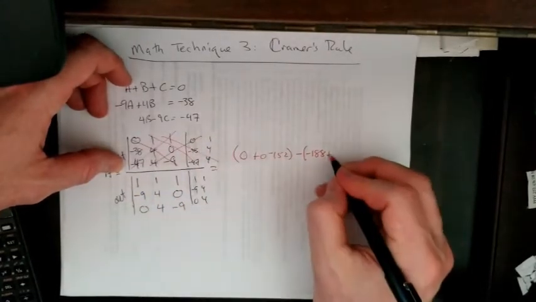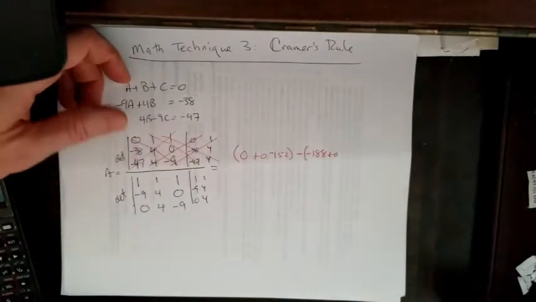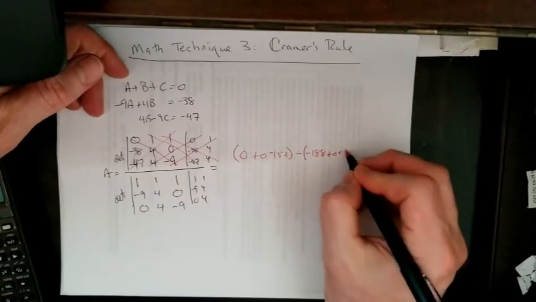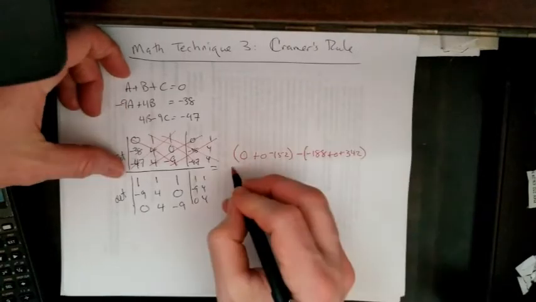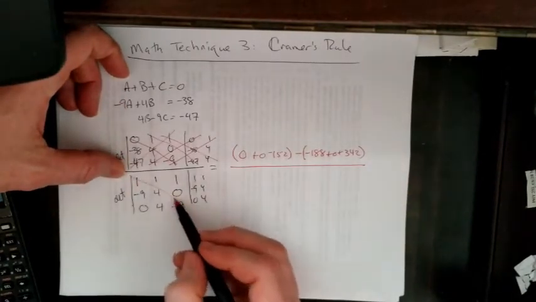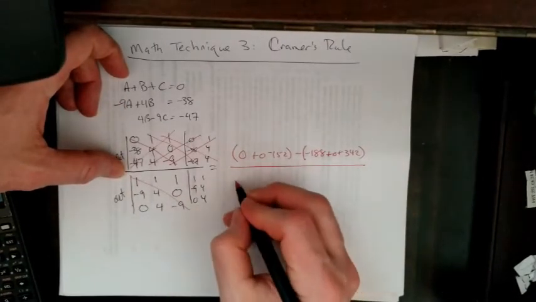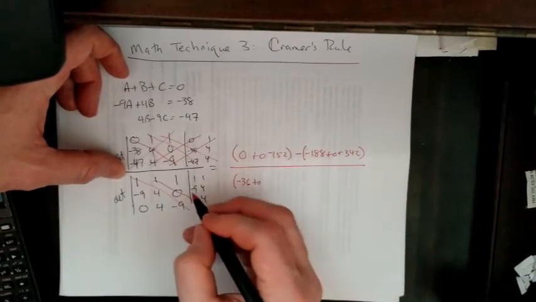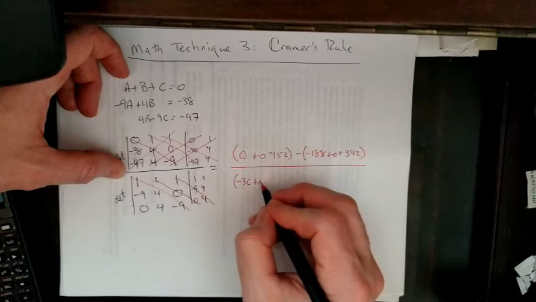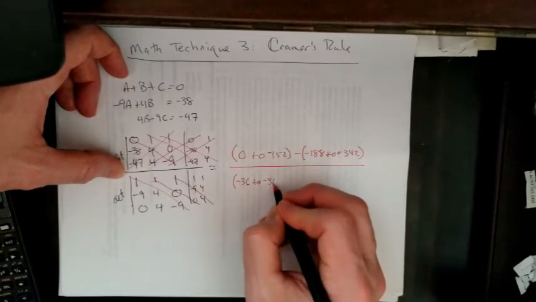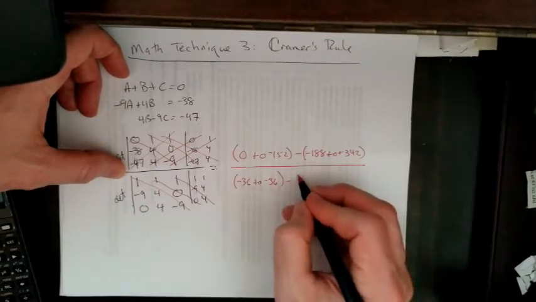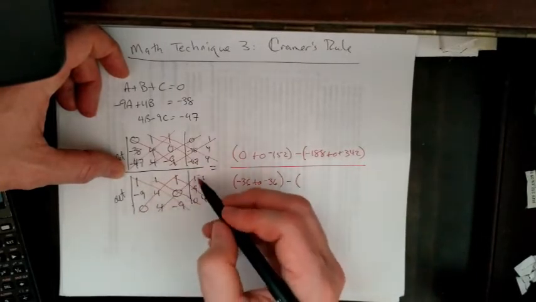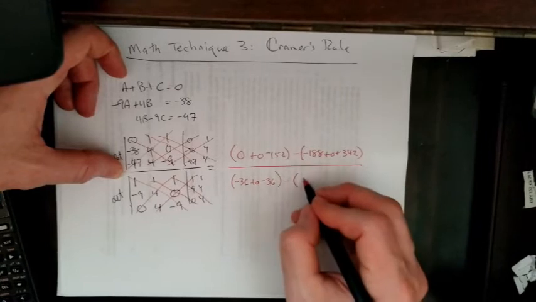0, and then 38 times 9 is 342, and the two negatives, so plus 342, divided by that, which is negative 36, plus 0, minus 36, minus, going the other way, 0, 0, and then 81.